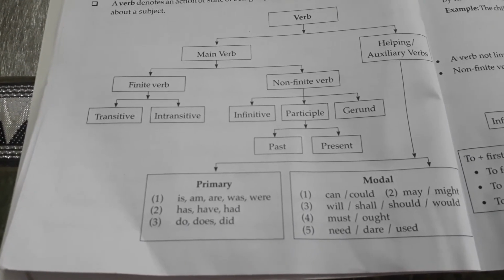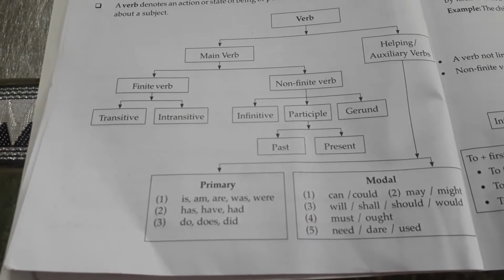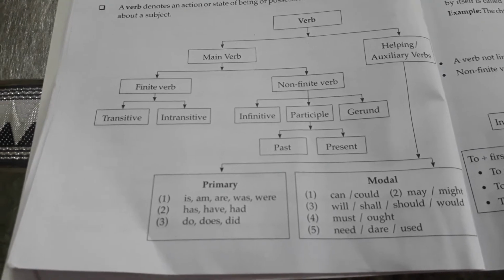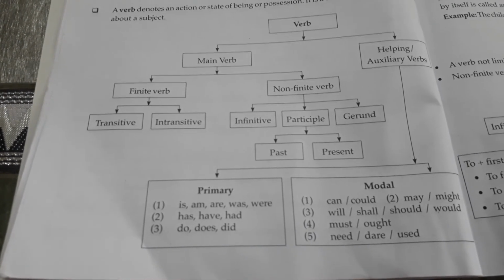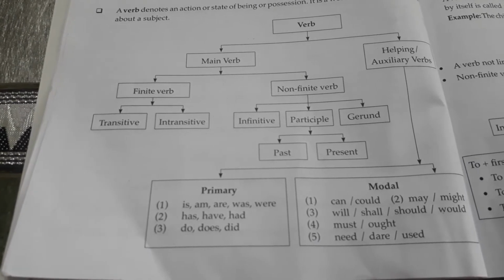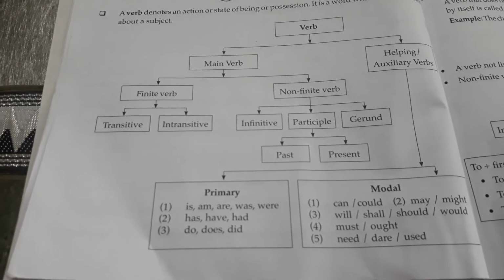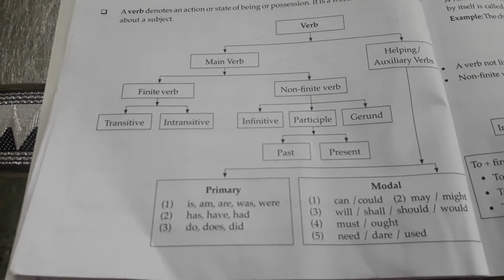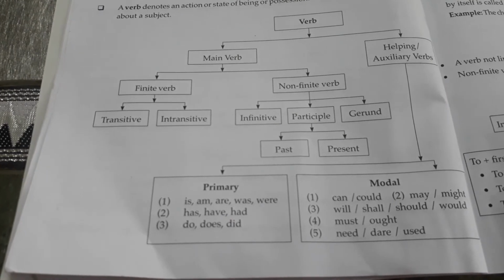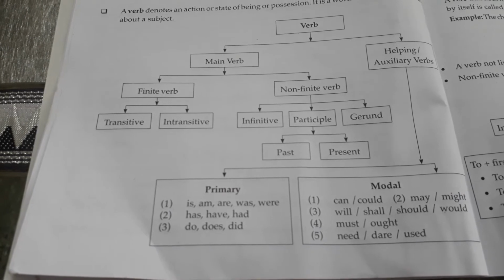Now, a transitive verb requires an object to complete its meaning. That means in the sentence there should be an object present. The action passes on from the subject to the object and it is connected by the verb. So such verbs are called transitive verbs.